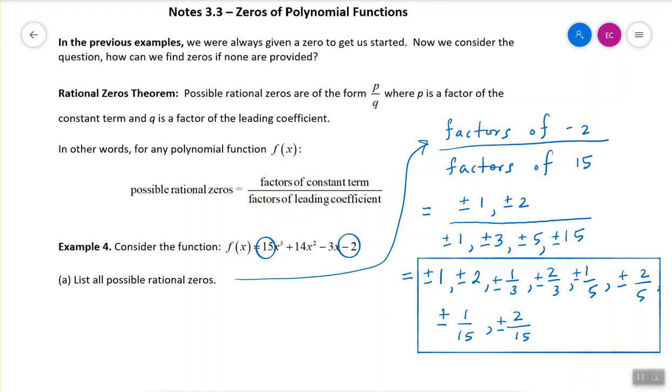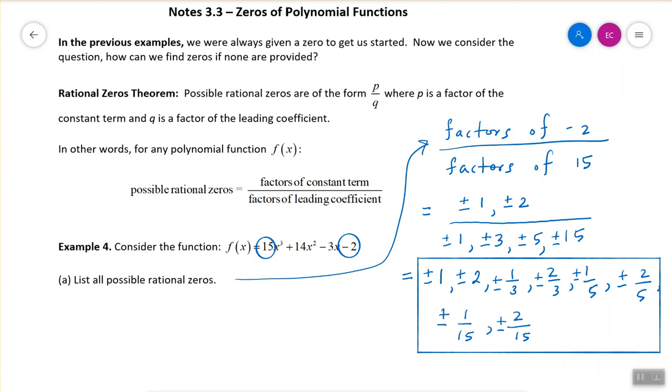And that's our answer for the possible rational zeros. If the function f of x has any rational zeros, then they are in this list. And it's possible that none of these are zeros, but that would be a problem for some other day, for a more difficult course.